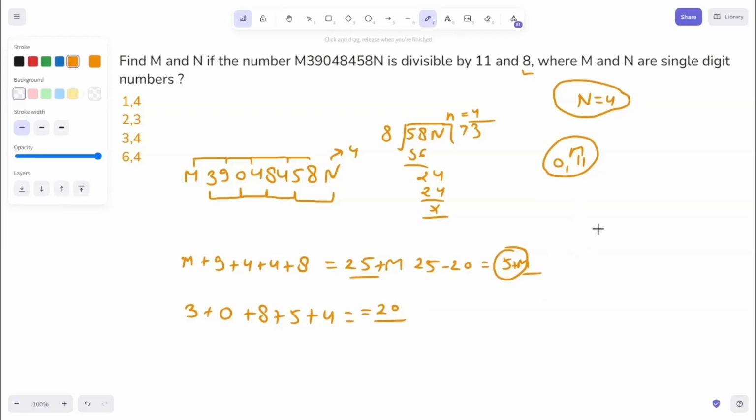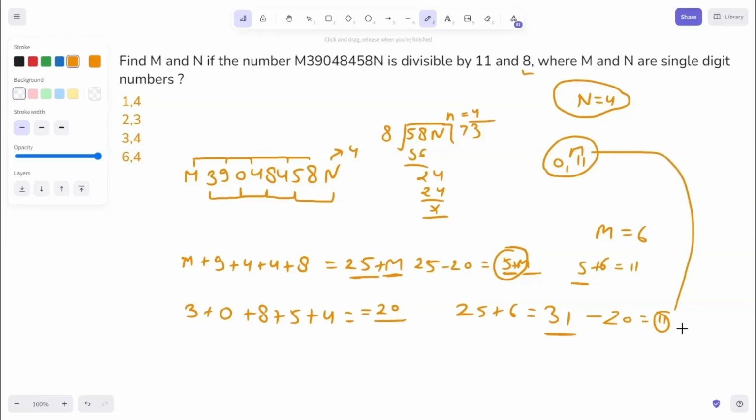If I put m as 6, then 25 plus 6 equals 31, and the difference 31 minus 20 equals 11, which is a multiple of 11.